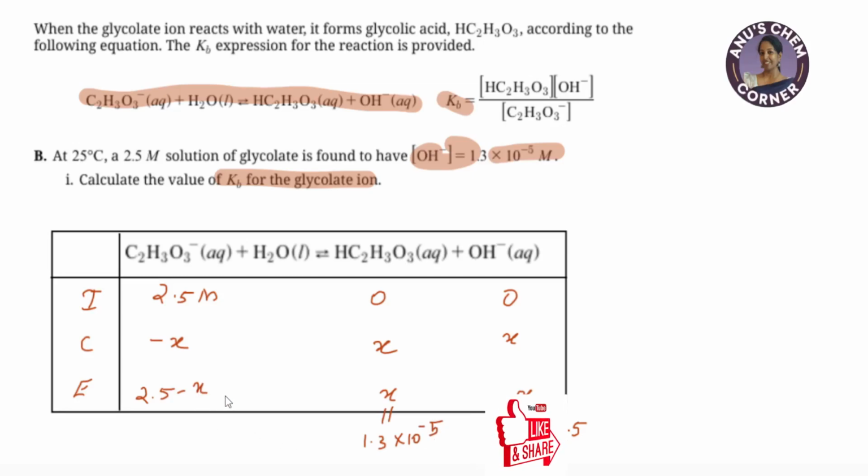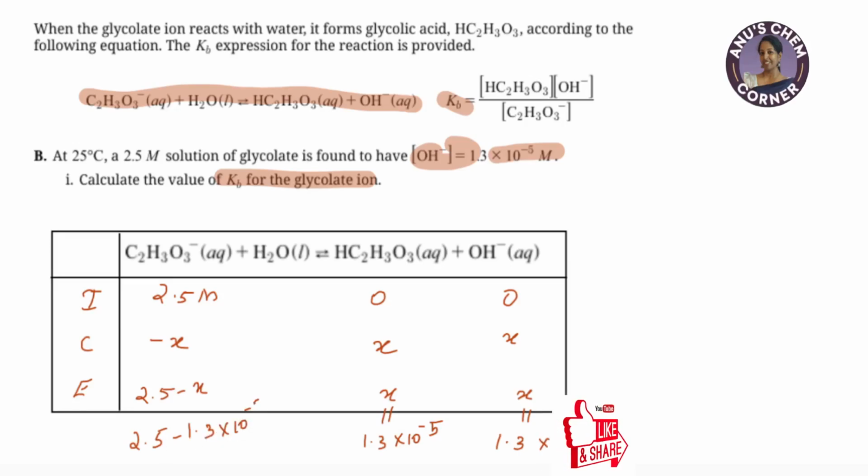Since X is given, it's better to apply that X. Usually we skip the X in 2.5 minus X and just assume it is 2.5, but in this case, since we have the X, you can apply it: 2.5 minus 1.3 times 10 to the power of minus 5.